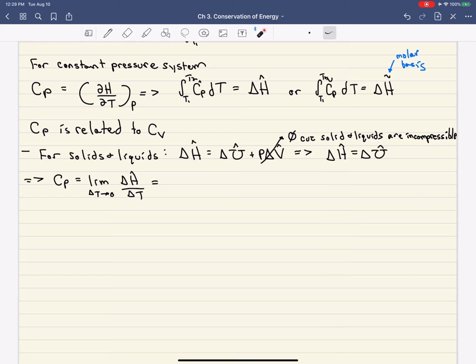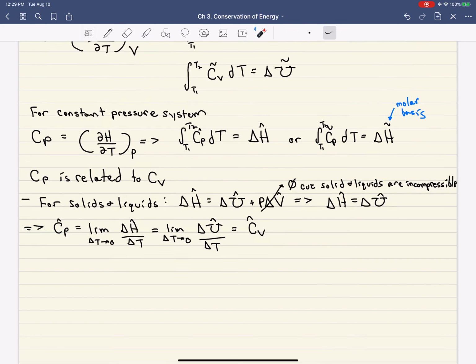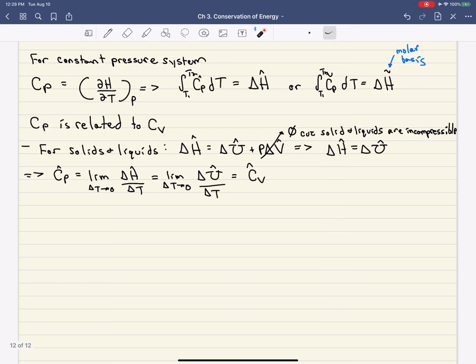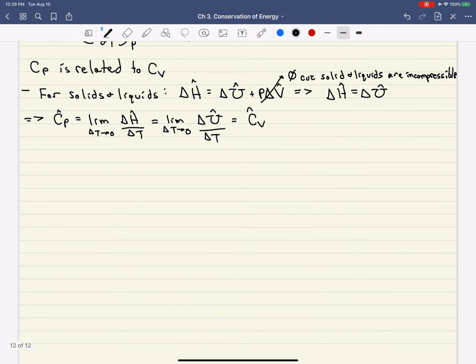But from our argument up here, we could also say that delta H is just equal to delta U. And if we replace delta H with delta U, what we end up getting back is CV. So in the end, what this tells us is that for a solid or liquid, the constant pressure heat capacity is the same as the constant volume heat capacity. Now, if we're dealing with an ideal gas, the story is a little bit different.